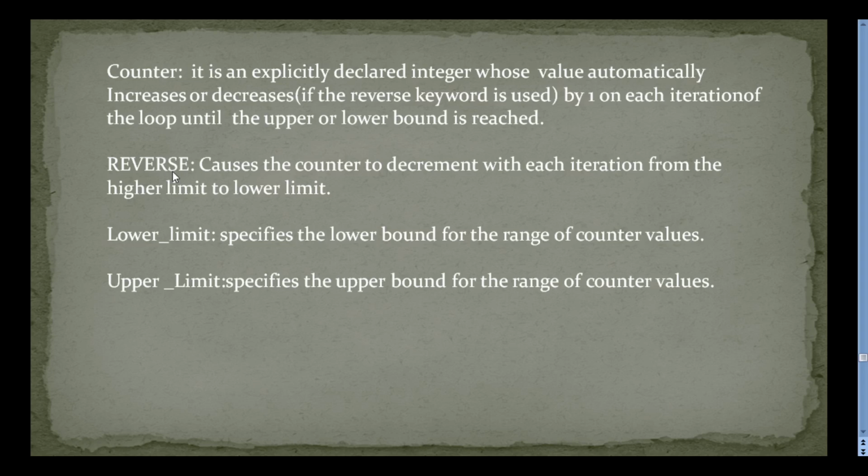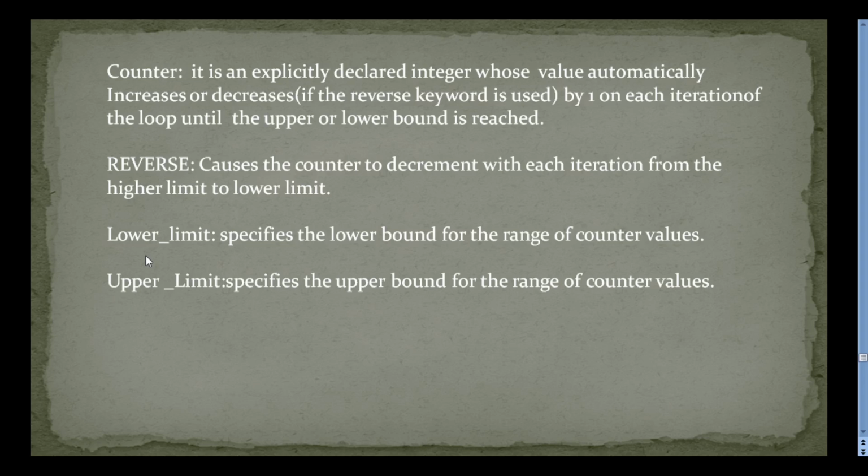Reverse causes the counter to decrement with each iteration from the higher limit to the lower limit; otherwise, if you don't use the reverse keyword, it increments from the lower limit to the higher limit.